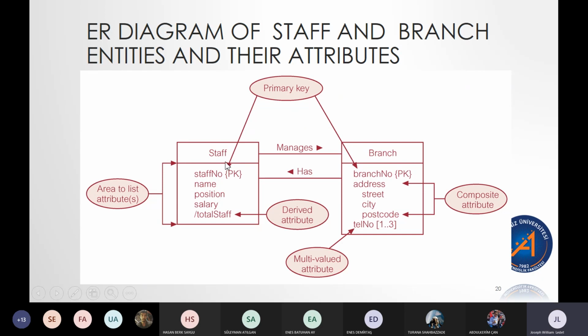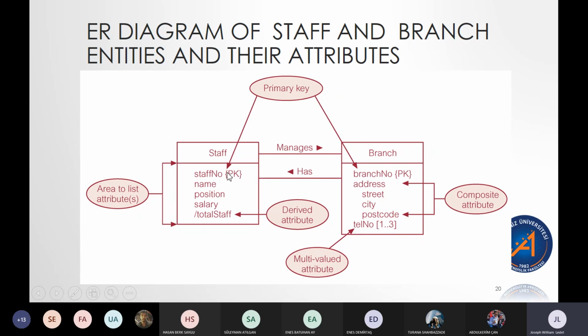So here, all right, we'll have the staff and the branch entities. Remember our relationships where the branch has staff and a staff manages a branch. Here we can list our attributes just like in UML.